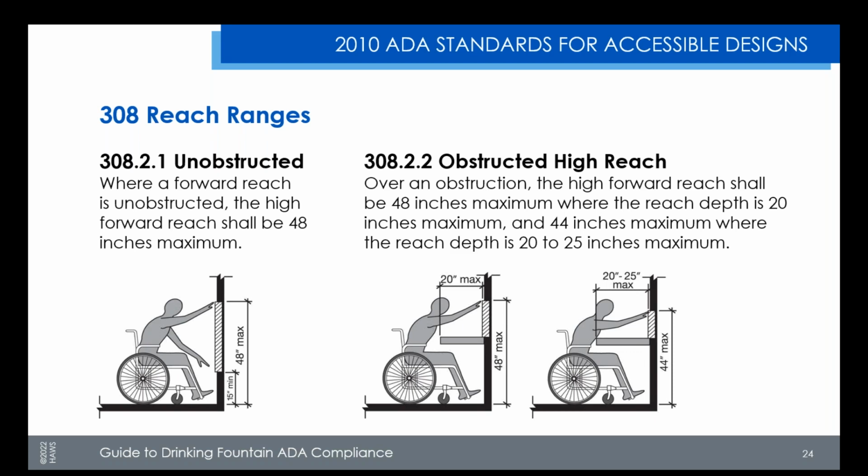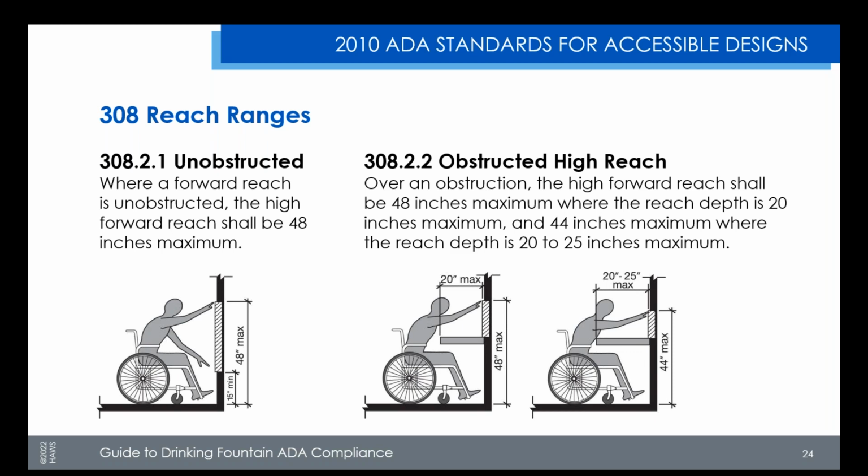But as soon as we introduce an obstruction, our reach ranges are diminished, right? So when an object shorter than 20 inches is in place, we keep our 48-inch high reach range, but our lower reach range is gone. It disappears because we have a fountain or another element in its place.